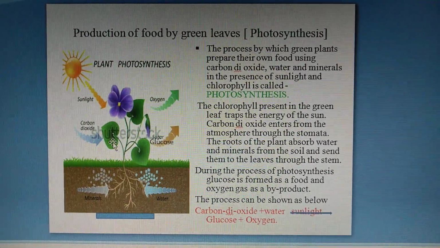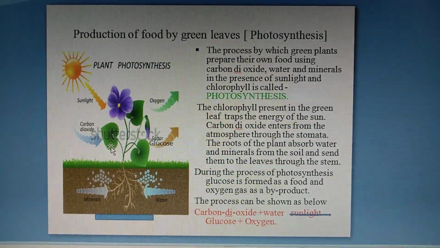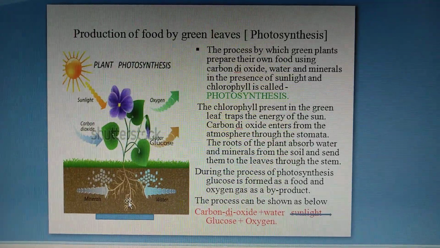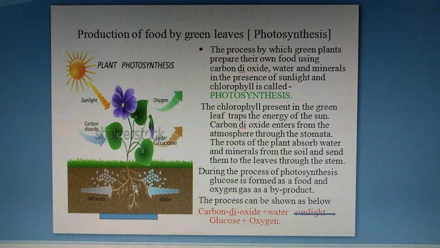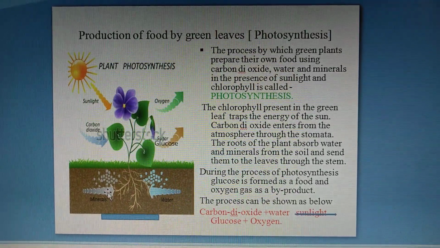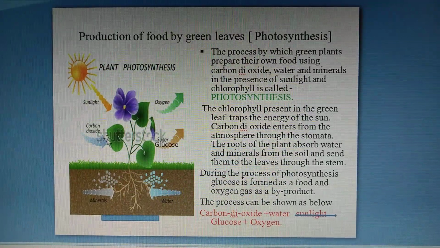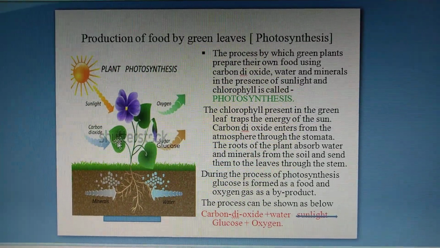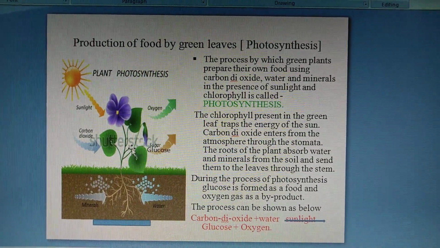Carbon dioxide enters from the atmosphere through the stomata. The roots of the plant absorb water and minerals from the soil and send them to the leaves through the stem. During the process of photosynthesis, glucose is formed as food and oxygen as a byproduct.